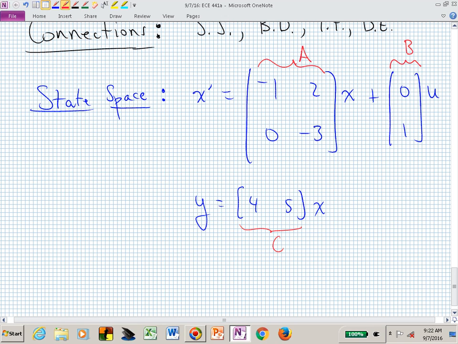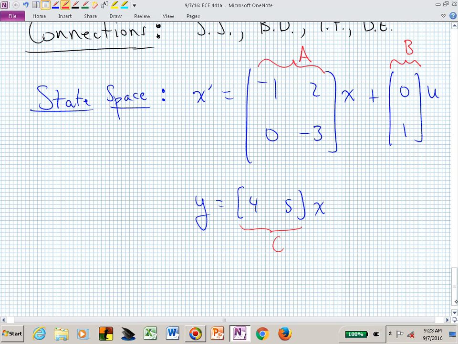You have two poles. Is this a single input, single output system? How many inputs do you have? How many columns are in the B matrix? 1. So you have one input. How many rows in the C matrix? 1. So you have one output. It's single input, single output. You know a lot just by looking at this system that somebody has given you.